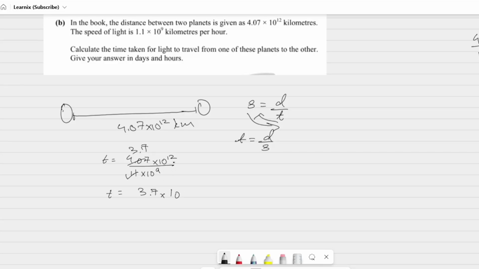So we're going to write the base down. What's 12 minus 9? 12 minus 9 is 3, so you're going to write 3. There you go. That's your answer. This is in seconds. Then of course you need to convert into days and hours by converting into minutes and hours and days. But that's simple enough, and I hope you'll understand how to do that.